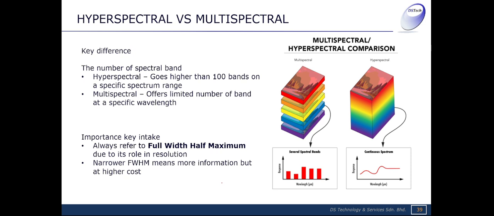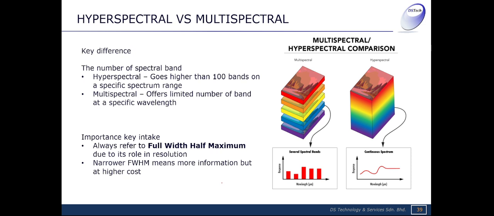Hyperspectral gives out a continuous spectrum because it captures a lot of wavelength points, but multispectral usually gives very few, typically five, so you have to choose which spectrum you want.